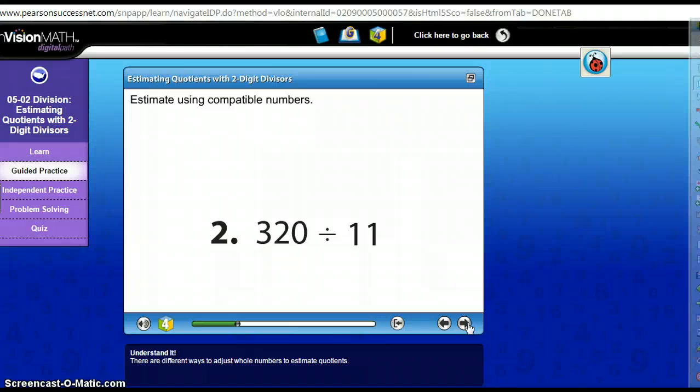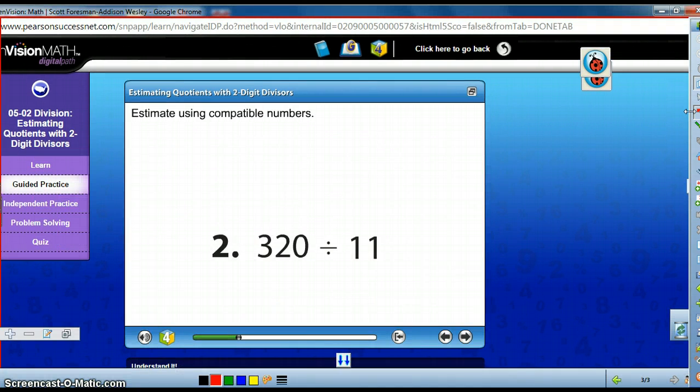Let's do this one. 320 divided by 11. Those are the actual values that they give us. With our multiplication facts, when it comes to 11, we know it's really taking 11 times a number, and that number doubles, right?